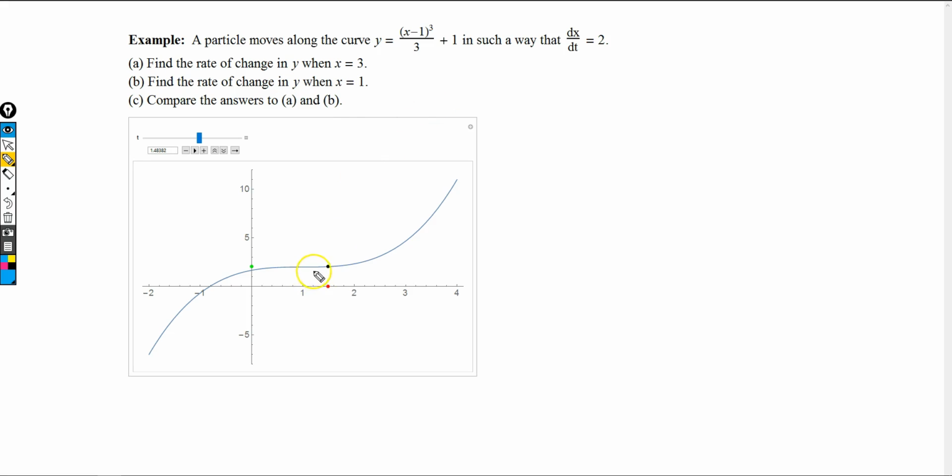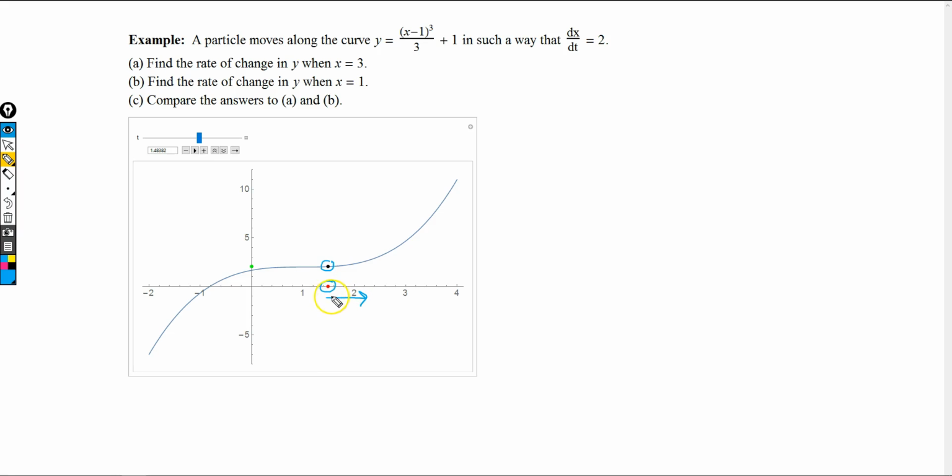Now down here we have a graphic illustrating what's going on. So here's our particle right here. It's moving along the curve, y equals (x minus 1) cubed over 3 plus 1, in such a manner that its x-coordinate right there is moving in this direction with a constant speed of 2.